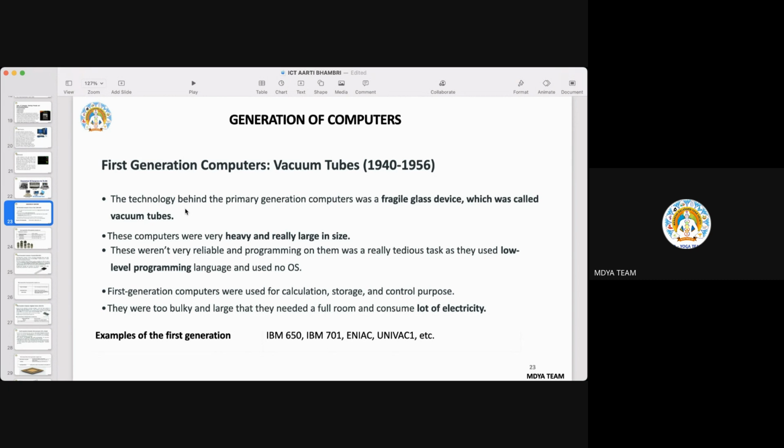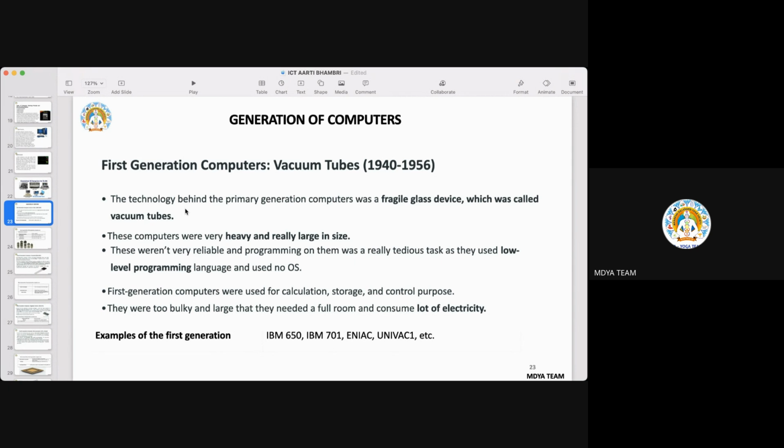You should remember that vacuum tubes were the devices used to make first generation computers. All the use was calculation, storing some data, and controlling some equipment or phenomena.